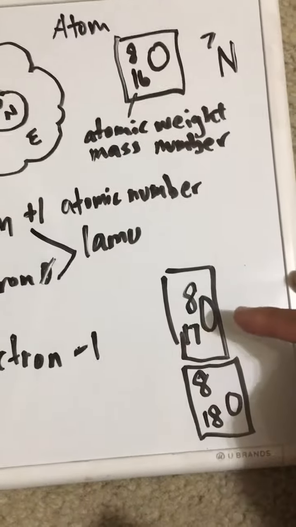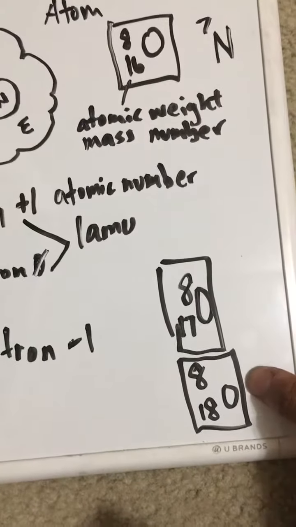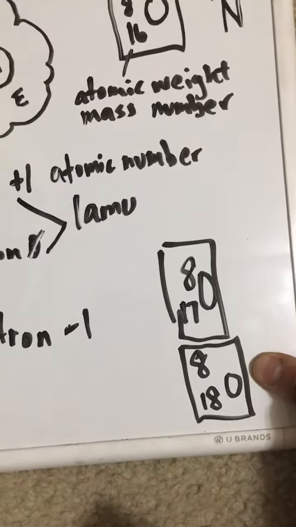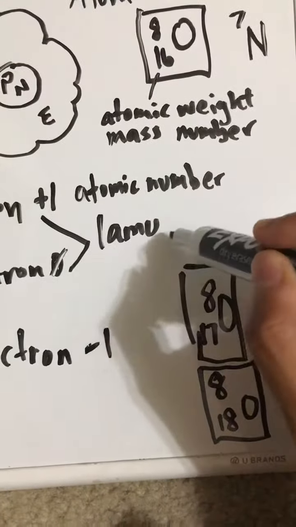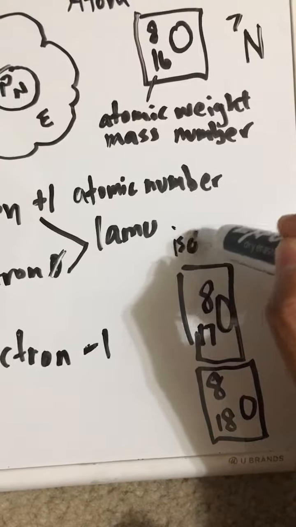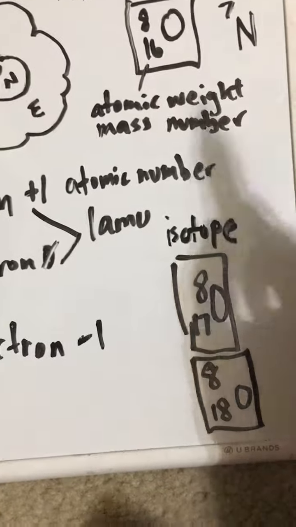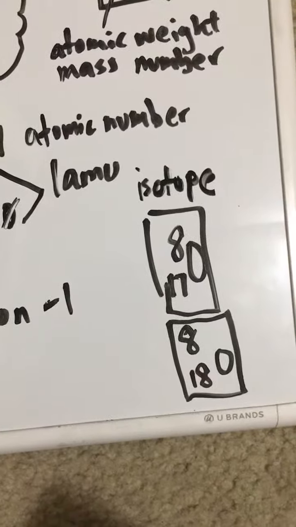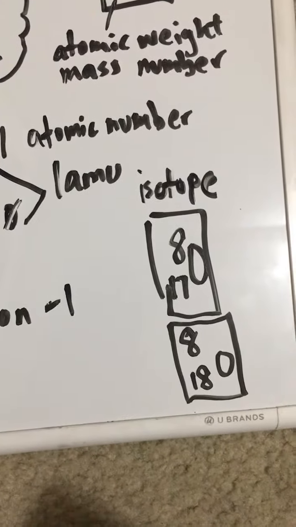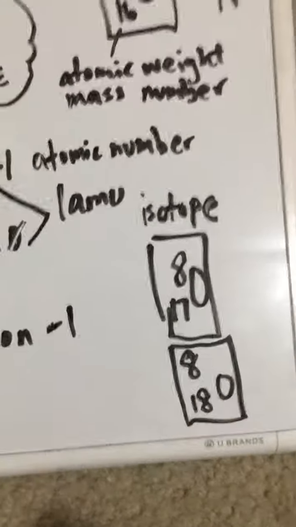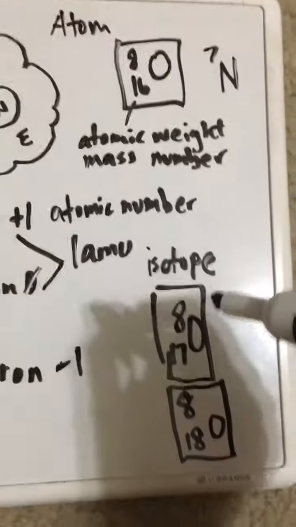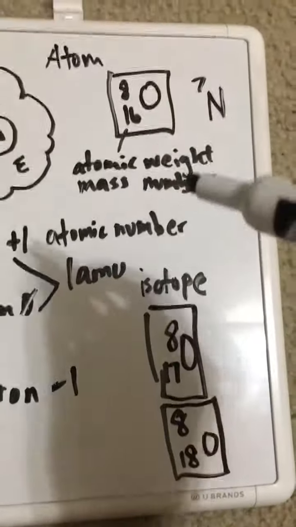So there's 9 neutrons in here and 10 neutrons in here. What is this called? This is called an isotope. Isotopes are atoms of the same element, but they have different masses. So all of these are oxygen, but they have different masses. So these are all isotopes.